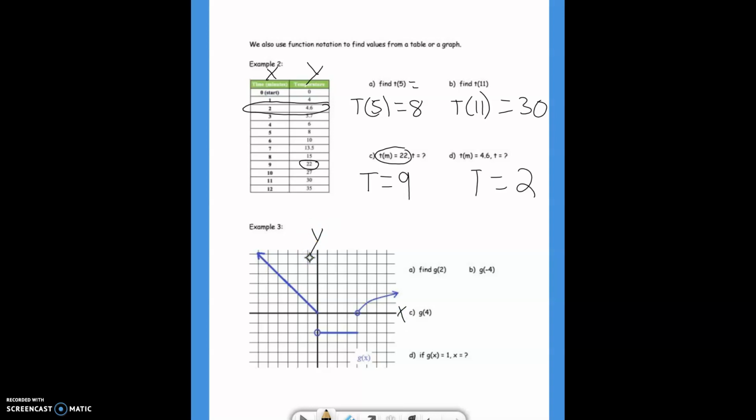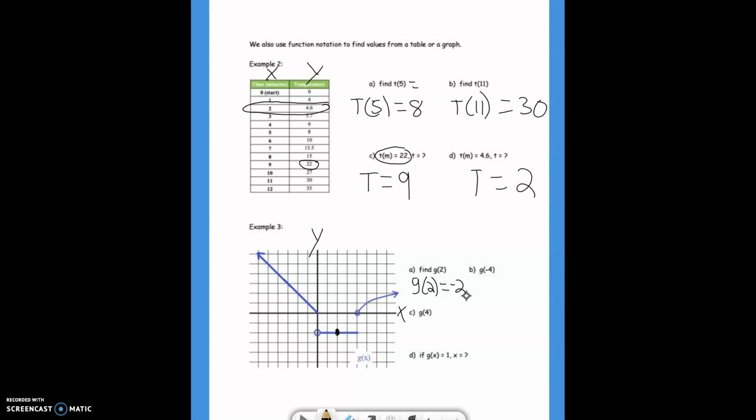So when x is 2, look on the graph, what is y? So it looks like that would be my first one, right? So when it's 2, it's going to equal, what is that? -2, right?